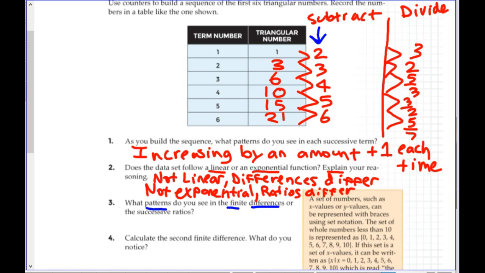Yeah, it's adding 1 each time. So, if you see a pattern in the differences, let's write yes first. What patterns do you see? Adding 1 each time, for the differences, not the ratios. The ratios, there's nothing there for us, okay?